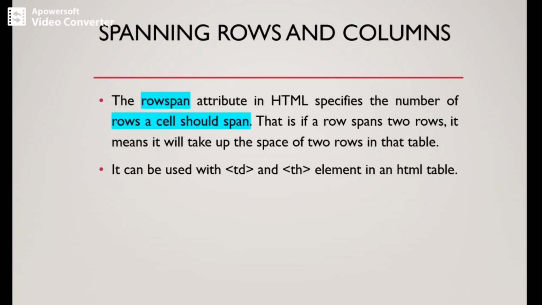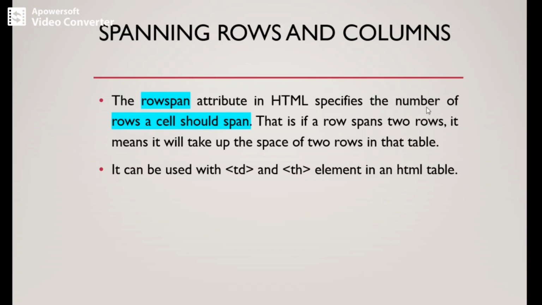Next topic, spanning rows and columns. Here we have row span and column span. First we'll discuss the rowspan attribute. The rowspan attribute specifies the number of rows a cell should span.